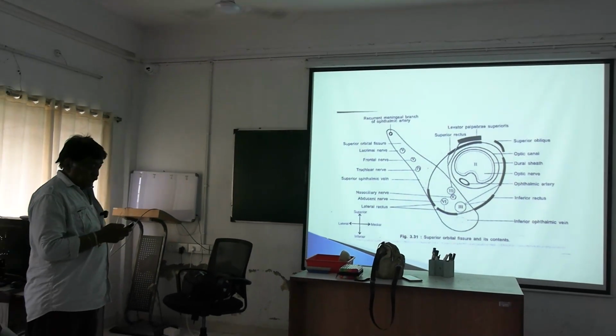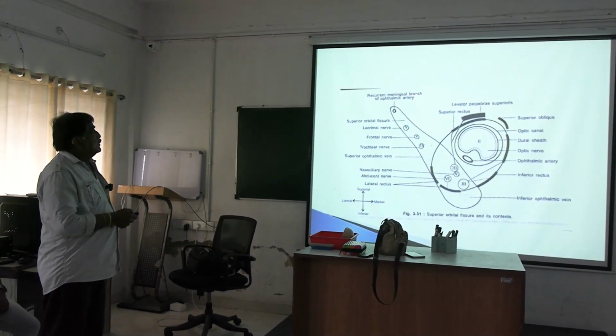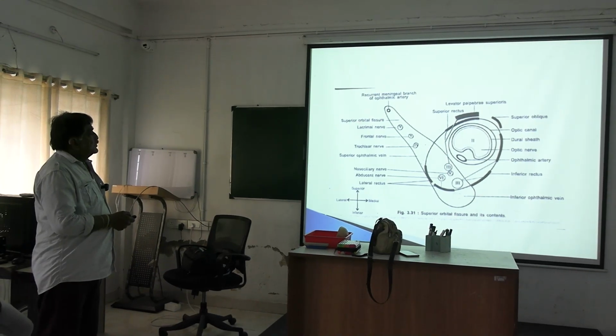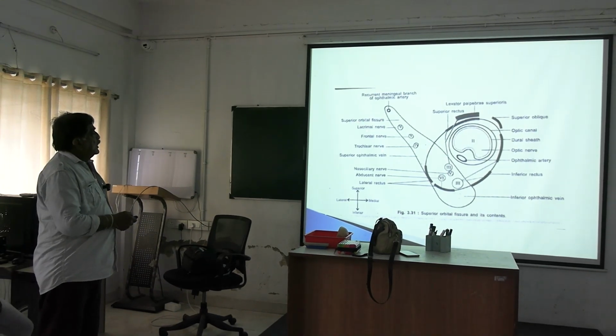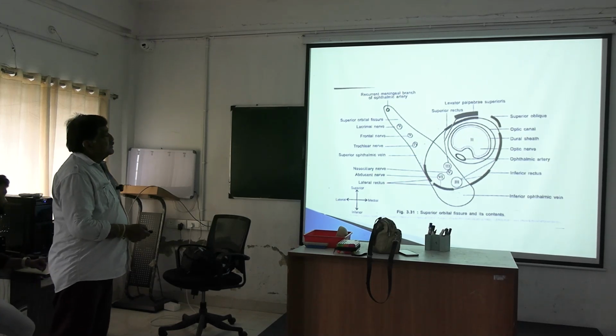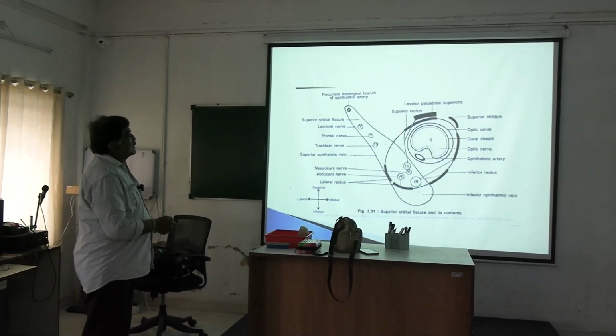Now, see the recurrent meningeal branch of the ophthalmic artery, superior orbital fissure. This is the superior orbital fissure, lacrimal nerve, frontal nerve, trochlear nerve, superior ophthalmic vein is here, nasociliary nerve, abducent nerve, and lateral rectus muscle, the inferior rectus muscle, the superior oblique, superior rectus muscle.